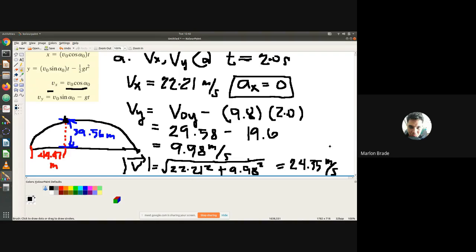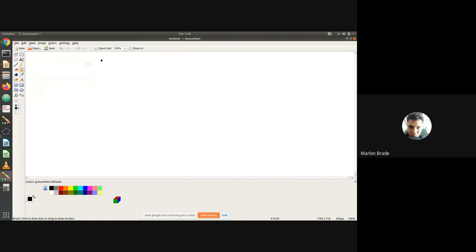So what about the direction? So ang direction, the theta, is just equal to tangent inverse of Vy over Vx. Okay, this is wrong, tangent inverse lang.